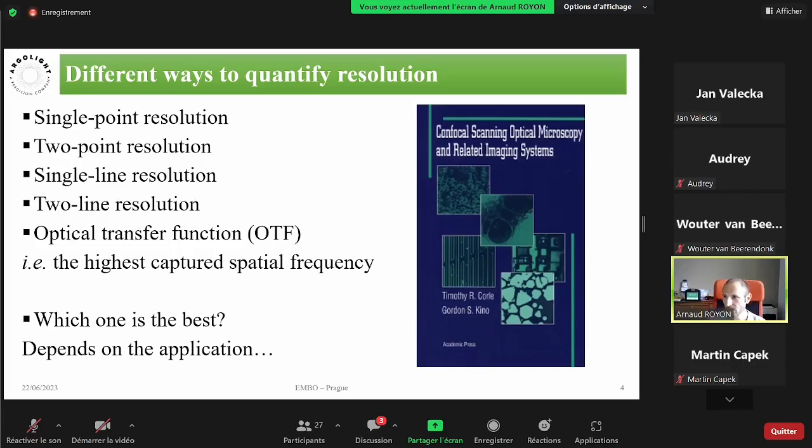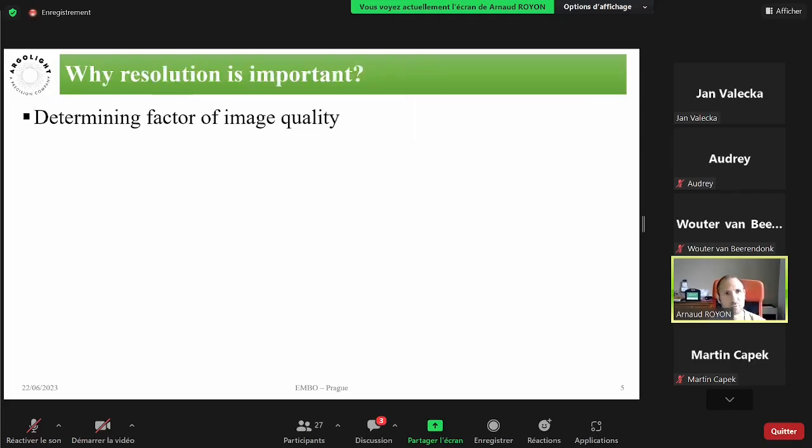It will depend on the biological sample you want to image. If you would like to image filaments, then the single line resolution approach would be more relevant, while if you want to image thick cellular objects, maybe the optical transfer function is the most relevant. So the best approach really depends on the application you have.